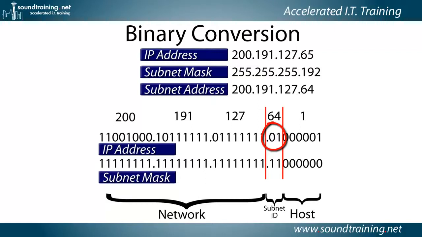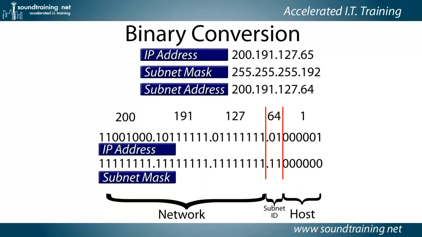Therefore, the value of the bits between the 2 lines is 64, and that is our new entity called a subnet ID. Now, the subnet ID you can really think of as just a subnetwork. In fact, that's where the term subnet comes from. It comes from the subnetwork of the larger network. Now, our host ID in this case is 1. We add 1 to 64 to get the 4th octet value of 65.